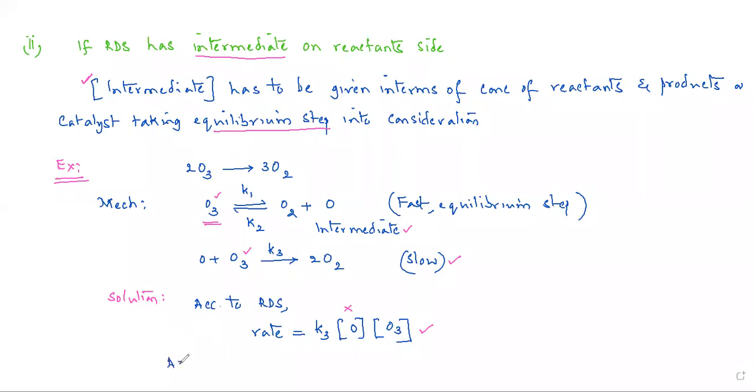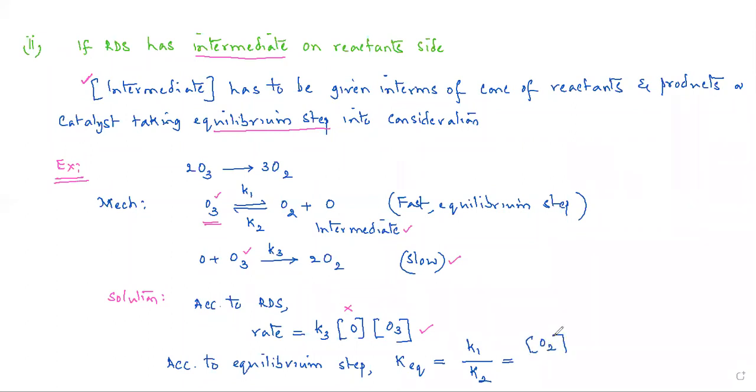So, according to the equilibrium step, it can be written as, say, K equilibrium is equal to K1, the rate constant of the forward reaction, by K2, the rate constant of the backward reaction.